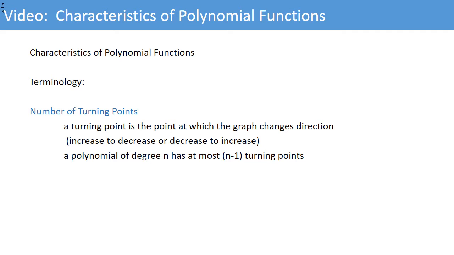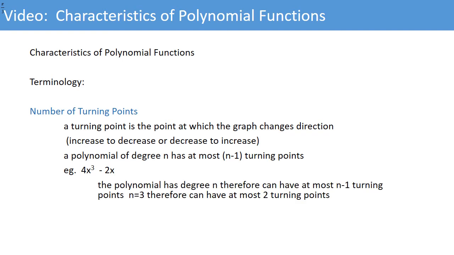It may not have this many, but this is as much as it can have. In our example, 4x cubed minus 2x, n is 3, so at the most this could have 2 turning points. The polynomial has degree n, therefore it can have at most n minus 1 turning points. N is equal to 3, therefore it can have at most 2 turning points.